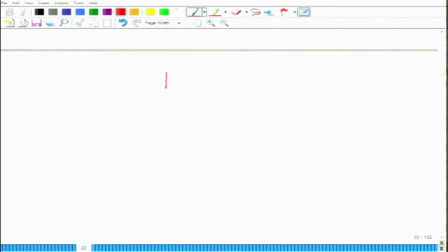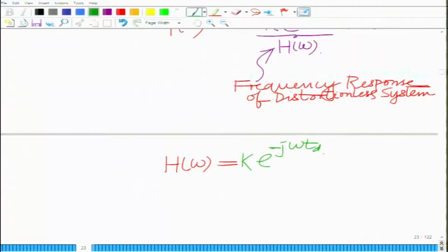Therefore, H of omega is e raised to minus j omega Td, or k e raised to minus j omega Td.